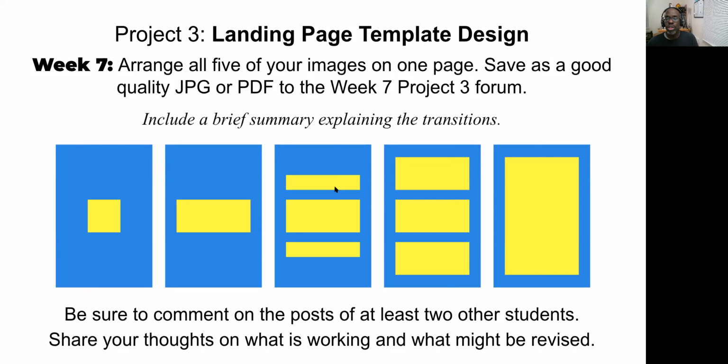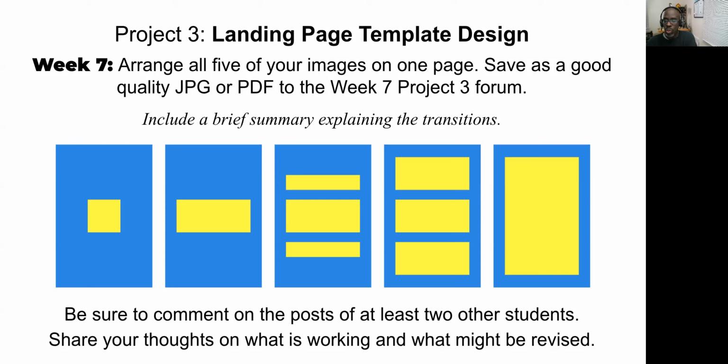Oh, yes. You want to include a brief summary explaining the transitions. Just kind of talk about what you did from stage one or image one to image two to image three to image four, and image four to image five. Just basically provide a narrative of the transitions. And then, of course, be sure to comment on the post of at least 2 other students.